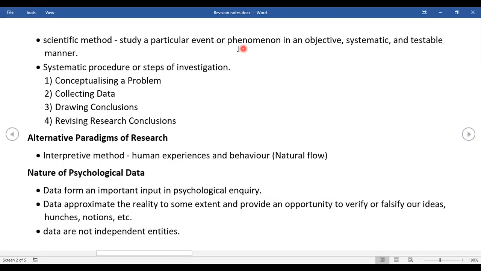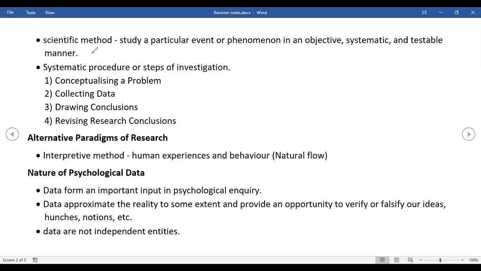Steps in conducting scientific research: what is a scientific method? Psychology as a science is the method which the modern period approves.